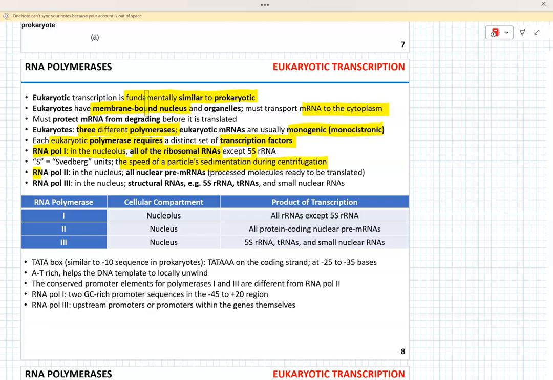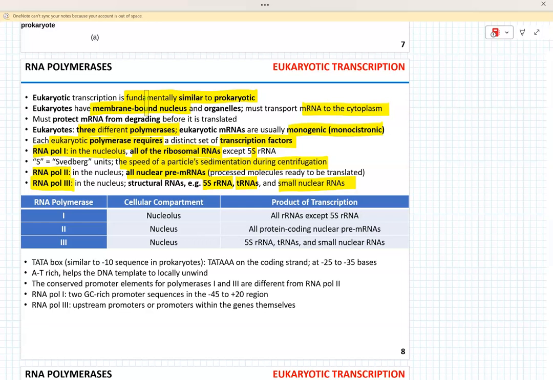RNA polymerase 2 is fundamentally similar to RNA polymerase in prokaryotes, and it synthesizes all pre-mRNAs, all transcripts in the nucleus. RNA polymerase 3 synthesizes 5S ribosomal RNA and all transfer RNAs, as well as small nuclear RNAs.